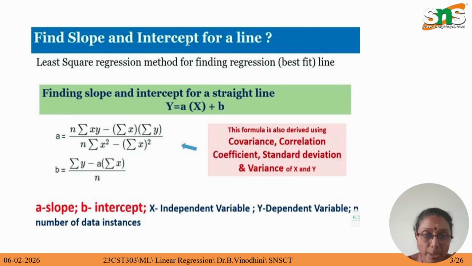From the slope, we find the intercept: b is equal to summation of y minus a into summation of x, divided by n. This is the formula for calculating the slope and intercept in simple linear regression.